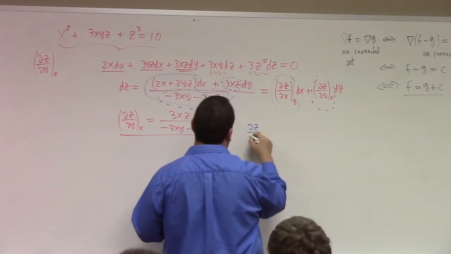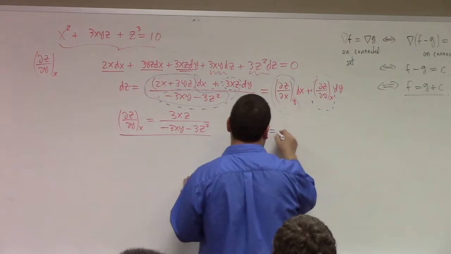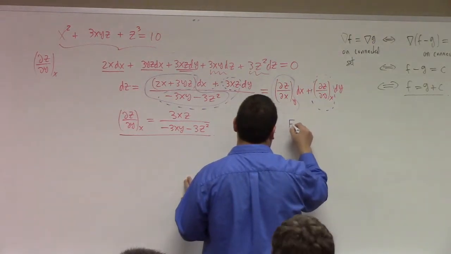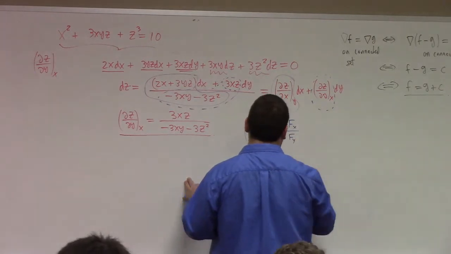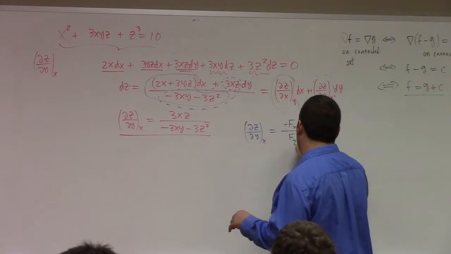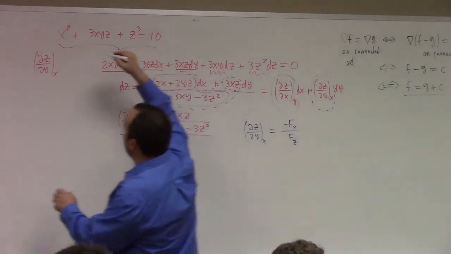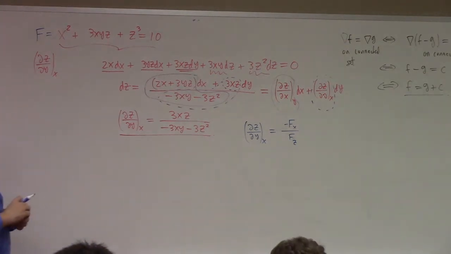I wasn't even thinking of that. You're like partial z, partial y holding x fixed. I could do, that's really minus f sub y over f sub z, where you're saying that this whole thing is f. That is another way you could do this. That would also be correct.